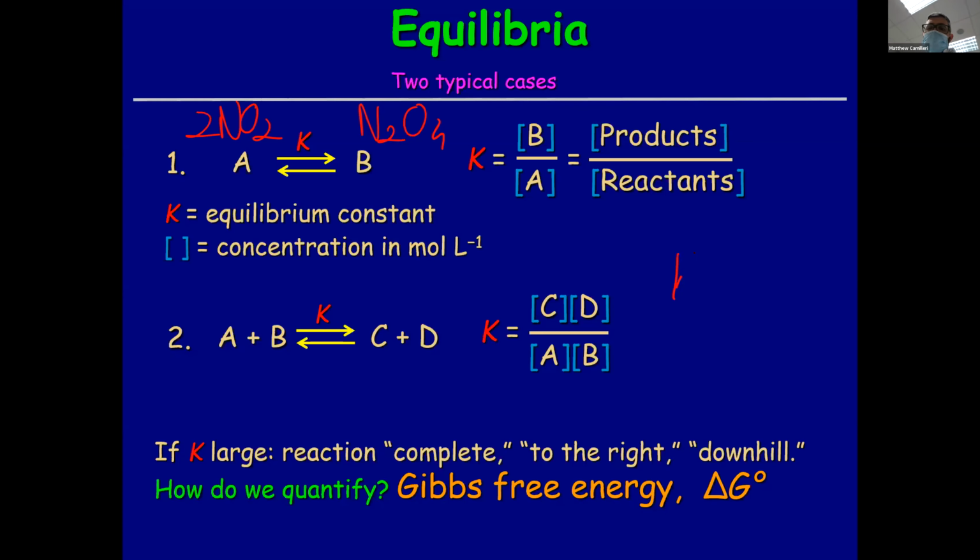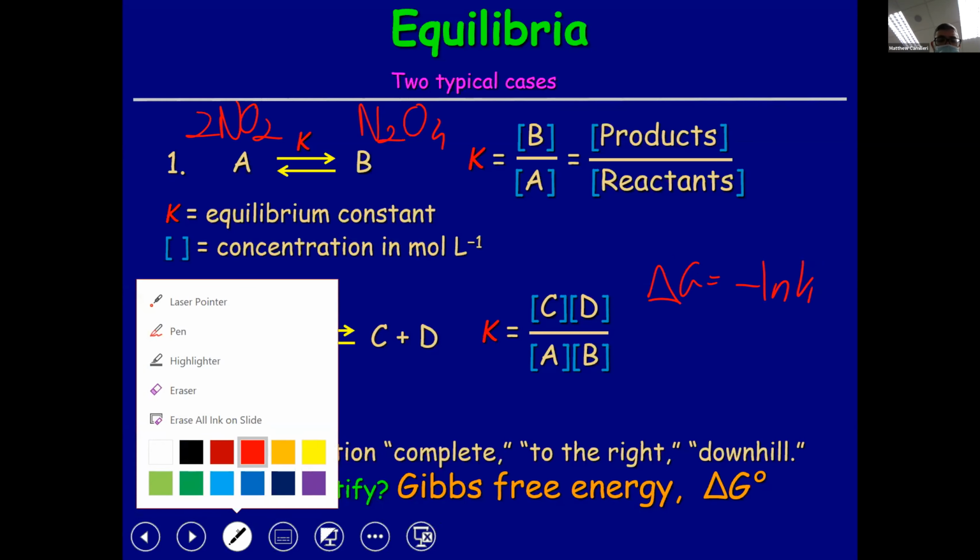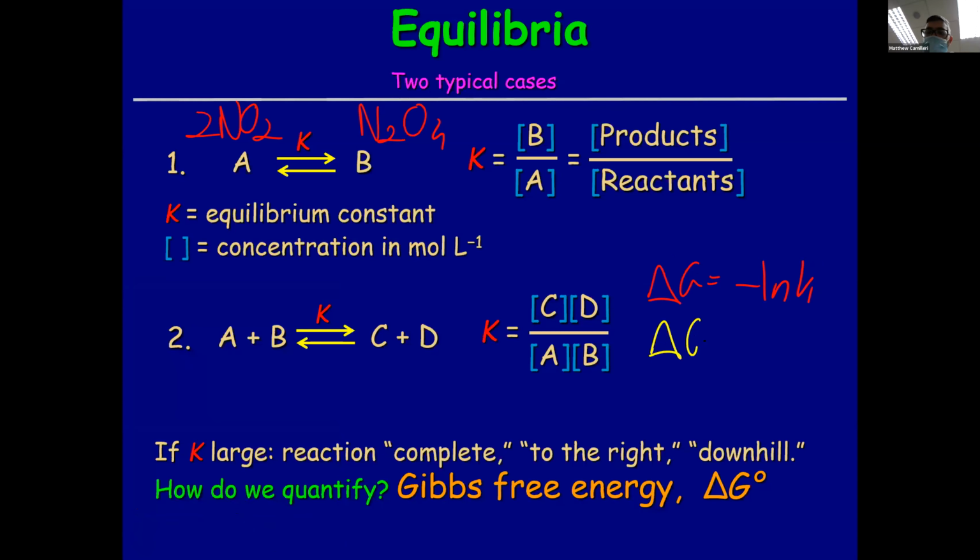Now, I don't think you know this reaction, no, 1 second. You have not done that reaction, right? Let me change the color for the ones in the classroom. Delta G equals minus RT ln K. A level?